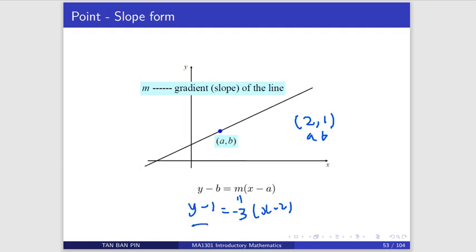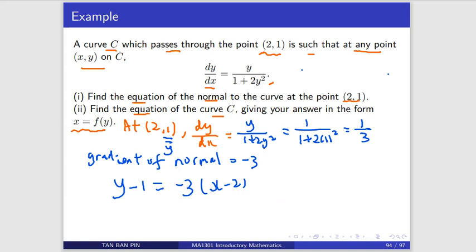So that's why it's y minus 1 equal to -3(x minus 2) for the equation of the normal line, which you can simplify to y equal to -3x plus 6 plus 1, shifting the -1 to the right hand side as +1. So the equation of the normal line should be y equal to -3x plus 7. So that's the answer to part 1.